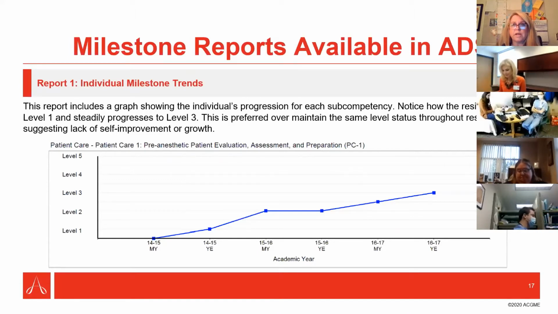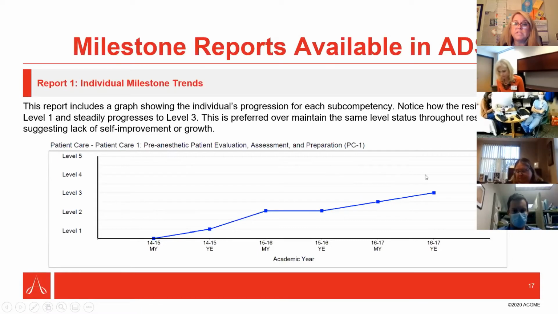But don't worry if you're not even a level 1, or if you're right at a level 1 or something like that. Please don't panic, because this is to show growth. If everyone came in at a 5 and stayed at a 5, how is that helping you? Because you haven't grown as a physician, right? So we expect that you're going to come in here under level 1 or at a level 1, and that you'll go up slowly as you go through residency.